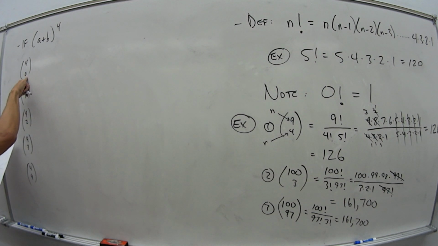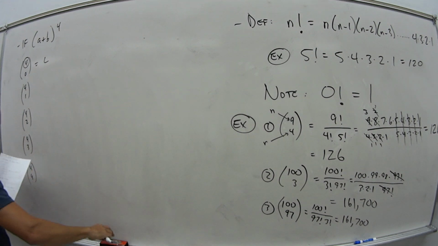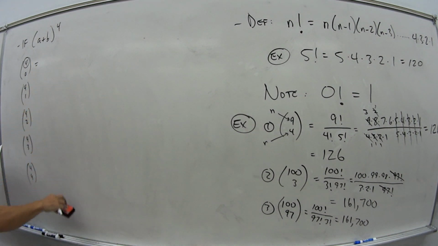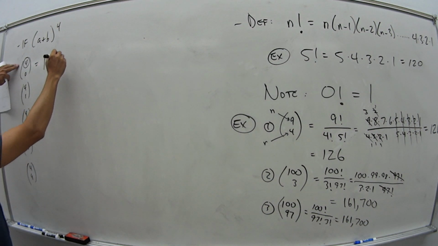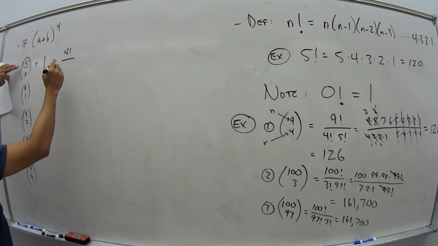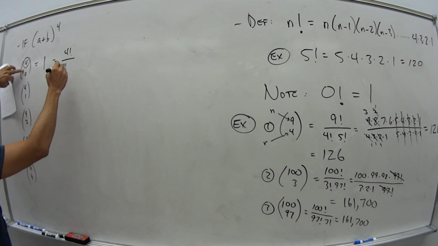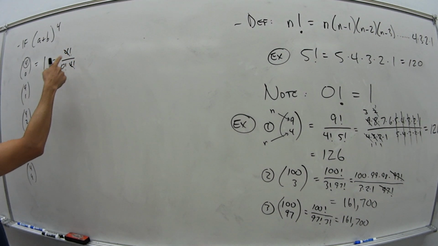4 choose 0. Anything choose 0 is always going to be 1. And why is that? Because I have 4 factorial over 0 factorial, 4 factorial. These cancel out. We know that 0 factorial is 1.